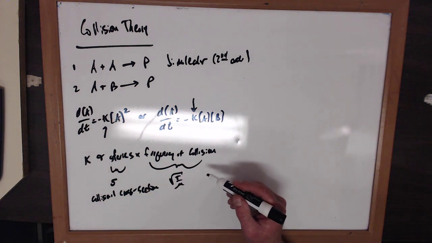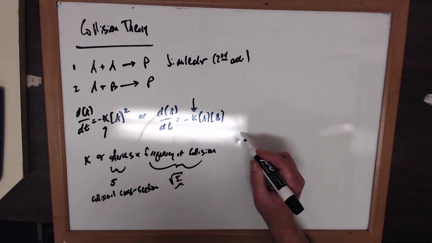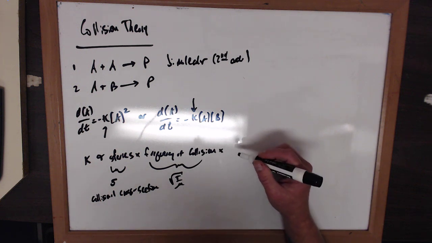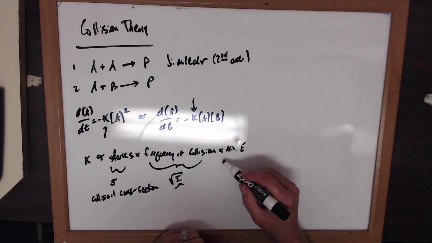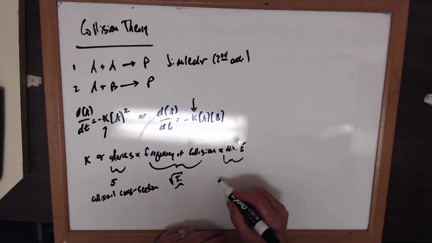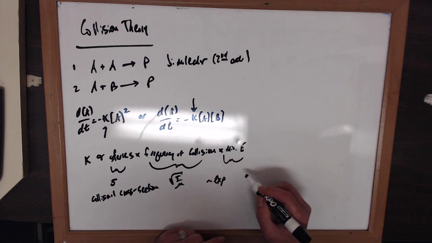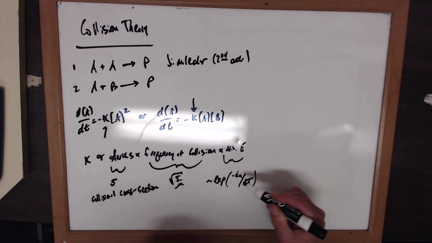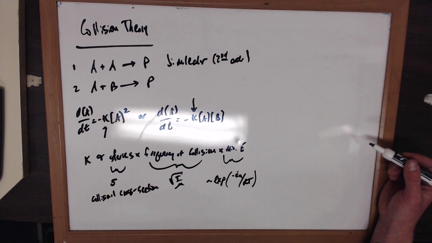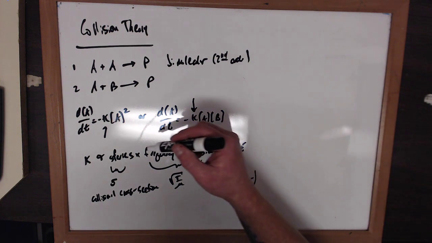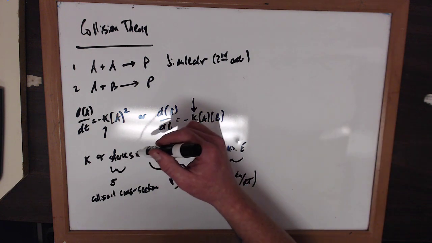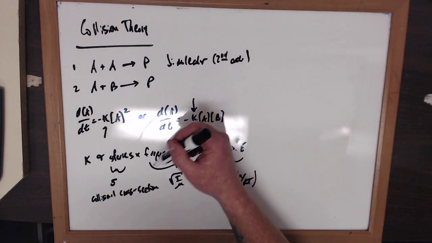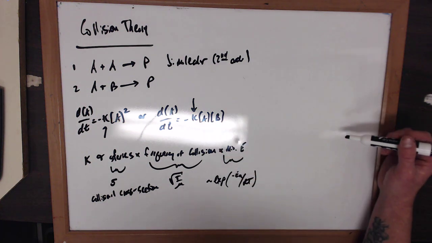That's given to us from our Boltzmann distribution of velocities. And then finally, there's going to be some minimum energy requirement that's also given to us by Boltzmann via the molecular partition function. And recall that goes as the exponential of negative EA over RT, where EA represents our activation energy. So we recognize our rate constant is going to be some basic form of sterics or collisions considered by the frequency of those collisions and by some minimum energy requirement for that.